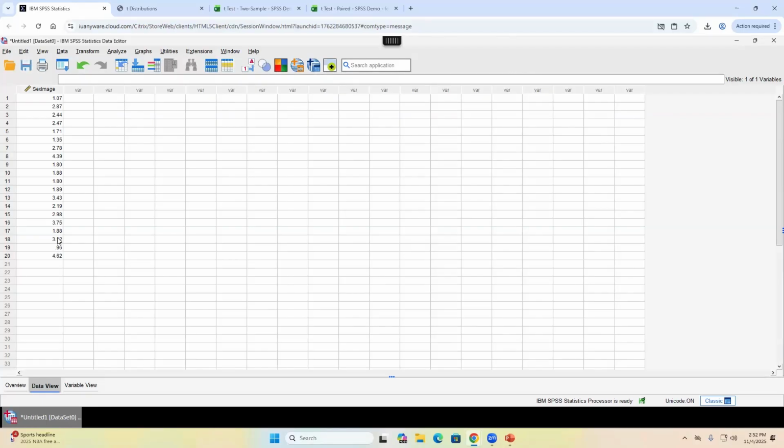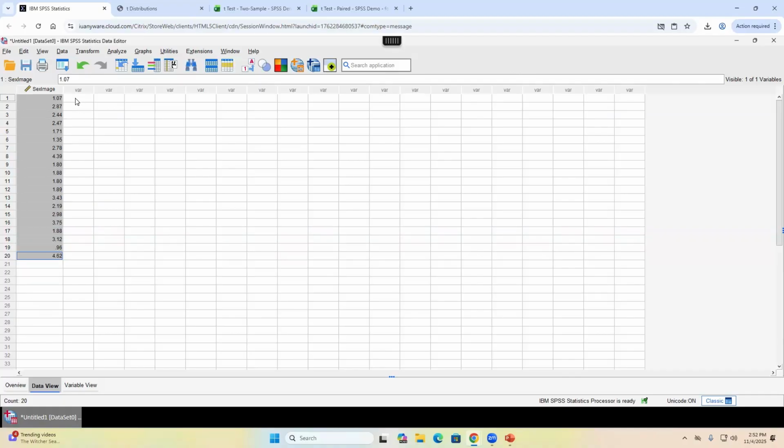Remember that in SPSS, the one rule that is going to help you organize all of your data is that every single row belongs to one and only one subject. One and only one subject gets placed in every single row here. So these rows here are for the people that crossed on the experimental rickety bridge.